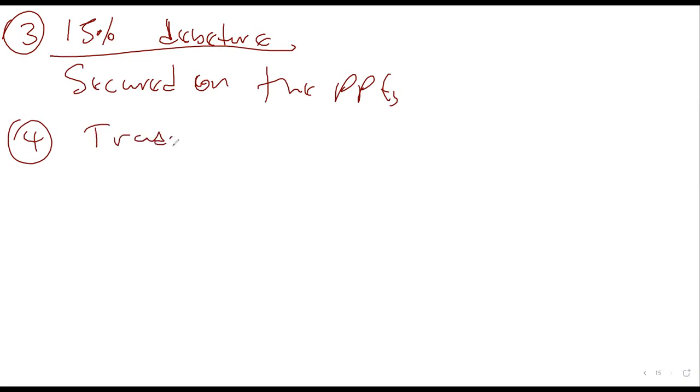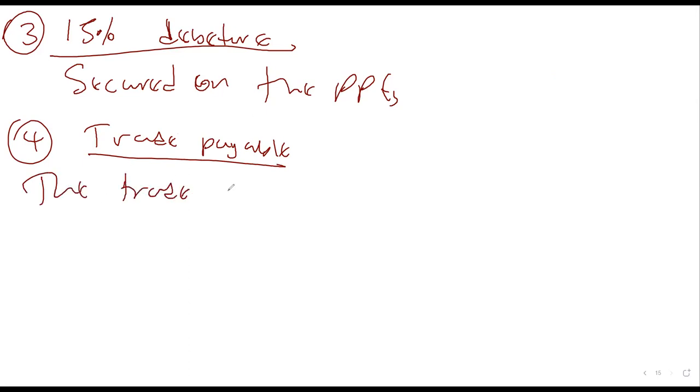Trade payable. Tell the examiner that the trade payable will be paid in 6 months' time. Now, in this question, I'll suggest something of your choice, but it must be something laudable.